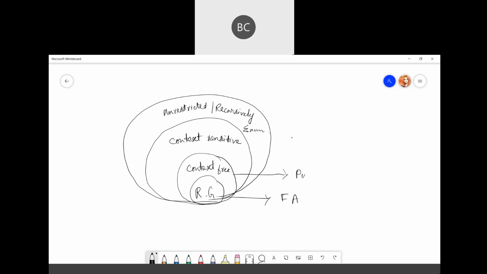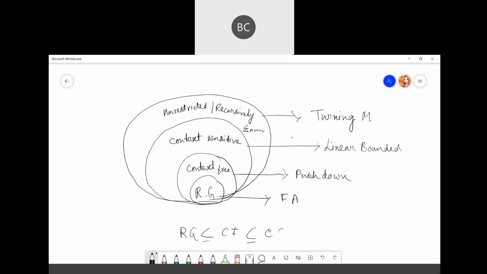Context free is accepted by pushdown automata, context sensitive by linear bounded automata, and type 0 by Turing machine. So basically a Turing machine can accept any language or any grammar. So regular grammar is a subset of context free, again a subset of context sensitive, and a subset of recursively enumerable.